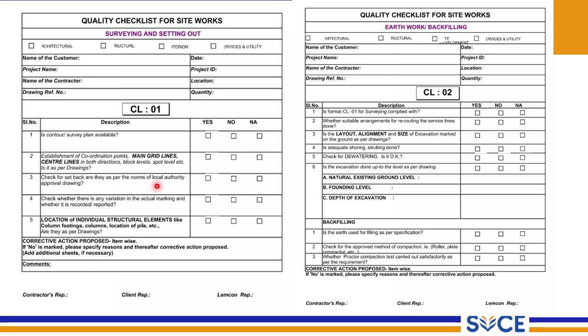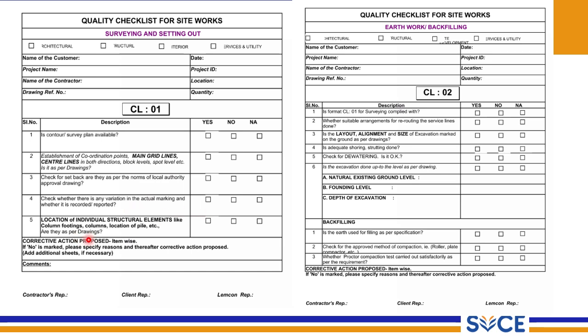Another checklist item, the third point, is check for setback: are they as per the norms of the local authority approved drawing? Another point is to check whether there is any variation in the actual marking, and whether it is recorded and reported. Always you can see that they end with a question mark. Only then can we say yes, no or NA.